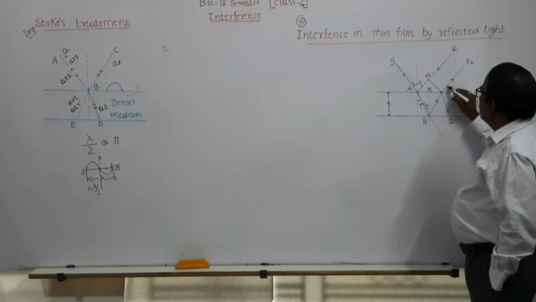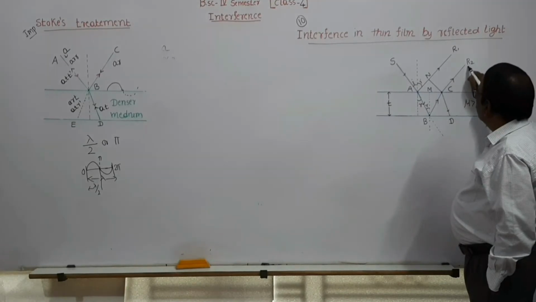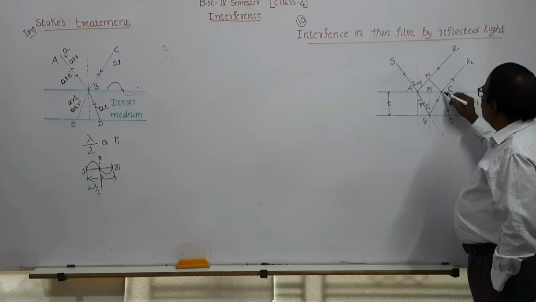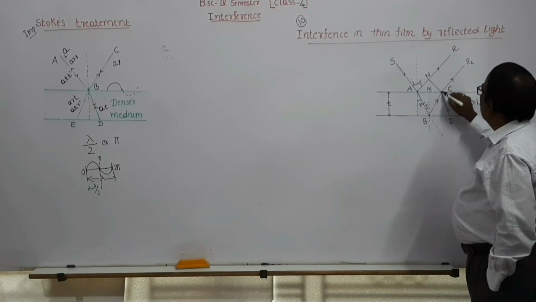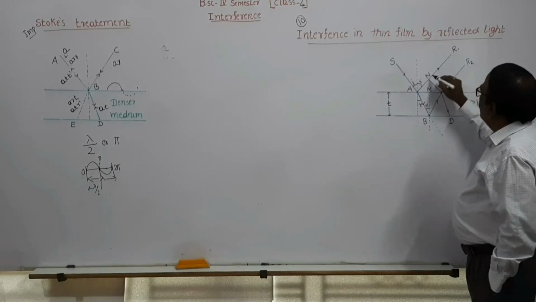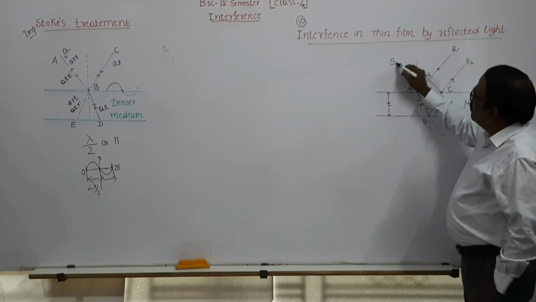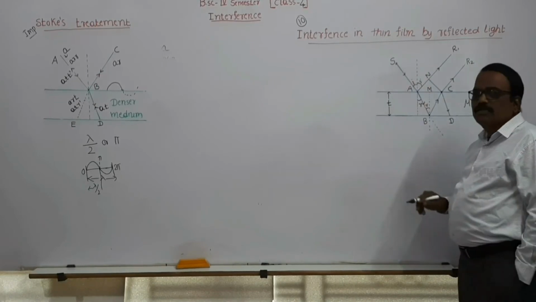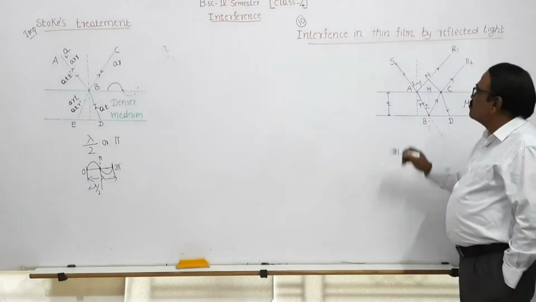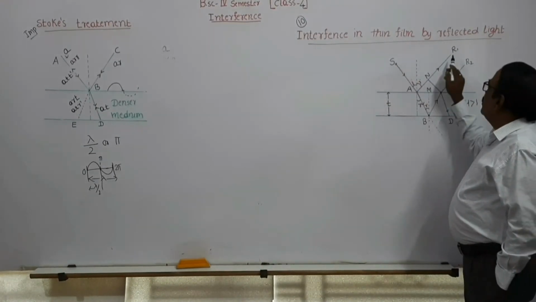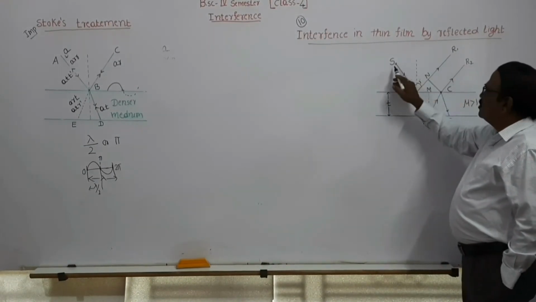This is the refracted light and this is the reflected light. The waves CR2 and NR1 are derived from the same monochromatic source. So here is a monochromatic source, and R1 and R2 came from the same source.